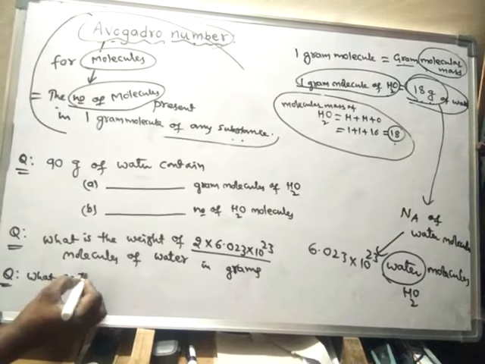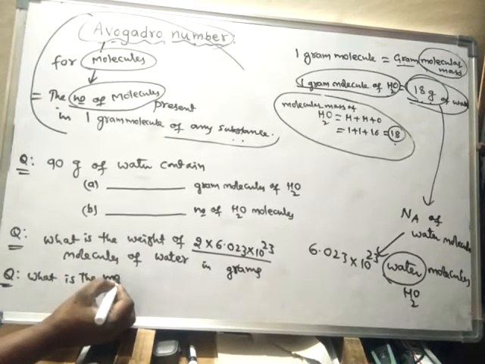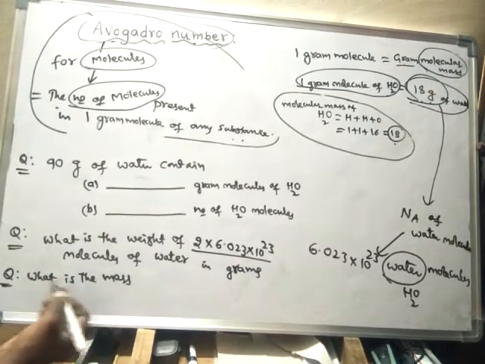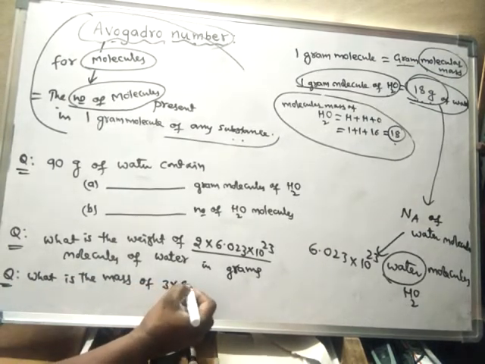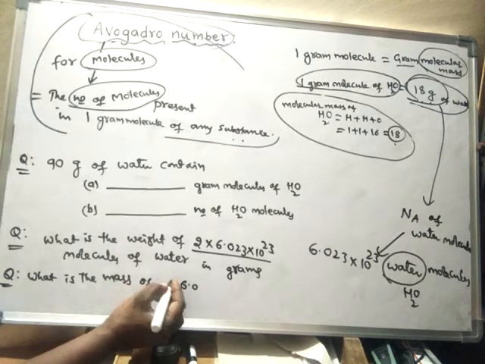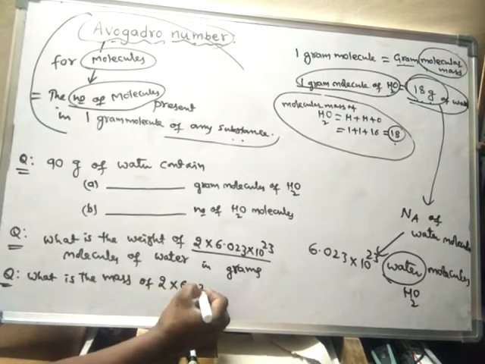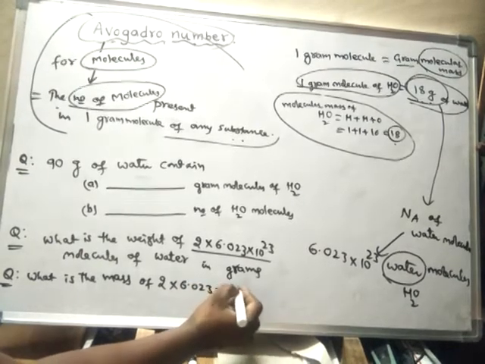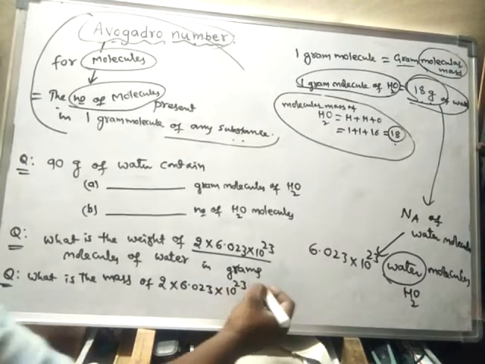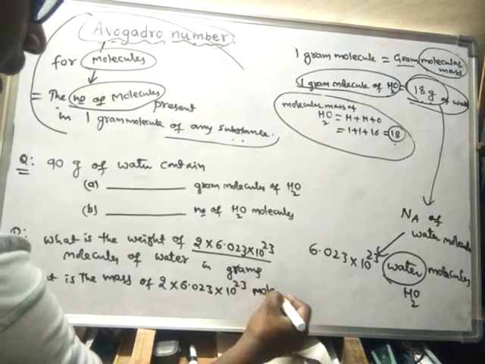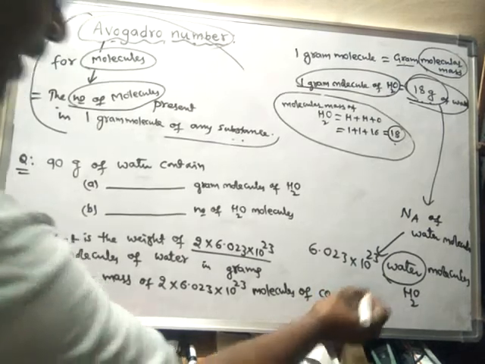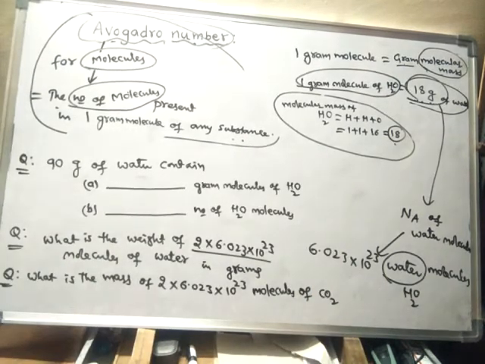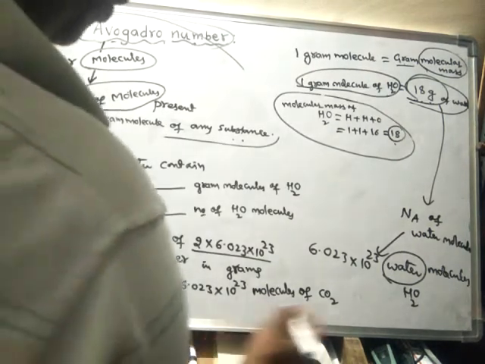What is the mass of 2 into 6.023 into 10 to the power of 23 molecules of carbon dioxide?